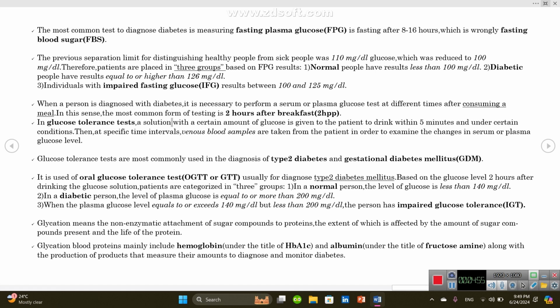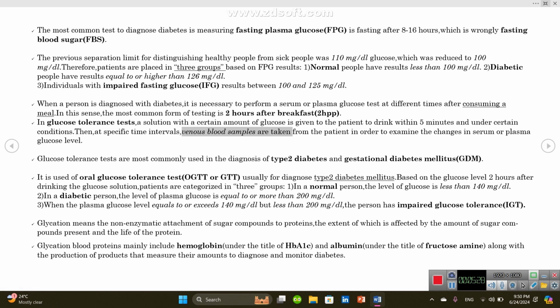within 5 minutes, and under certain conditions. Then at specific time intervals, like 1 hour after drinking, 2 hours after drinking, and 3 hours after drinking, venous blood samples are taken from the patient in order to examine the changes in serum or plasma glucose level.